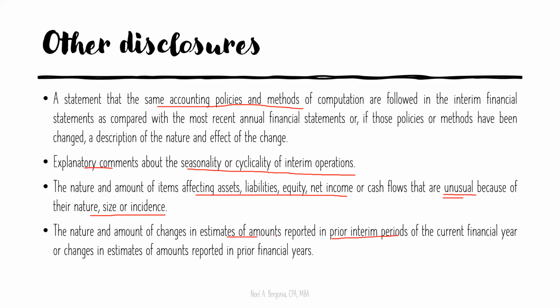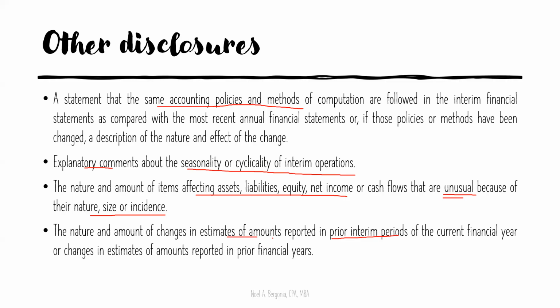Most likely, interim periods, as we will mention later, would be using more estimates, because estimates would be more available to us rather than the actual amount per se. So if there will be a change in estimates, then we need to disclose as well the nature and the amount of the changes in our disclosure.